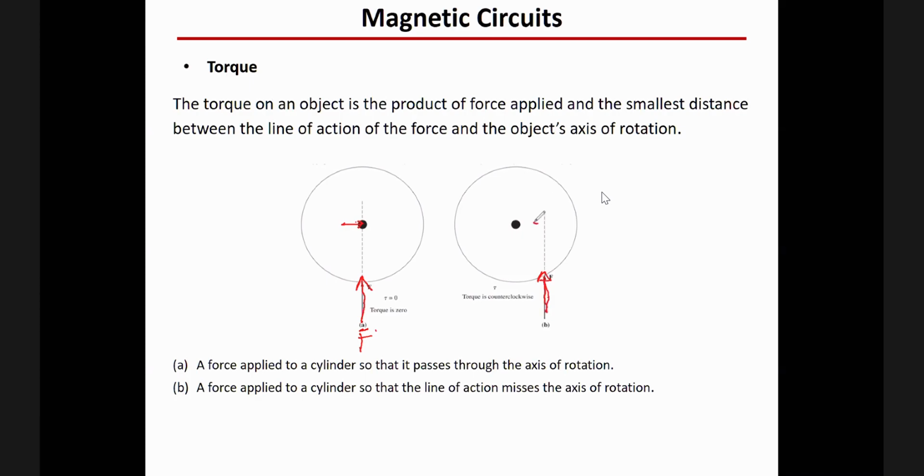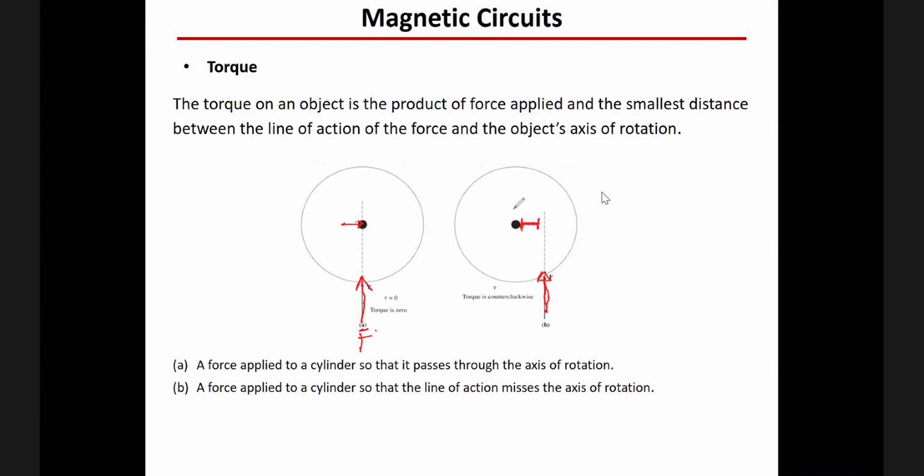But if you apply the force here, and there is a distance between the line of force and the center of rotation, we would expect this cylindrical shape to rotate. And now we have torque. So the result of this force multiplied by the distance is the torque. More distance, we expect more torque.